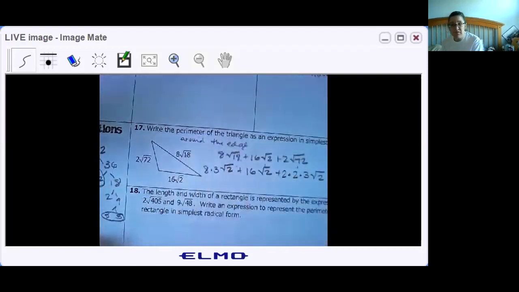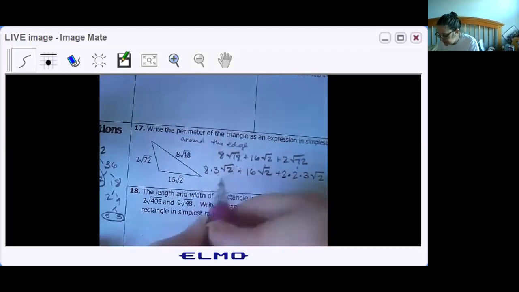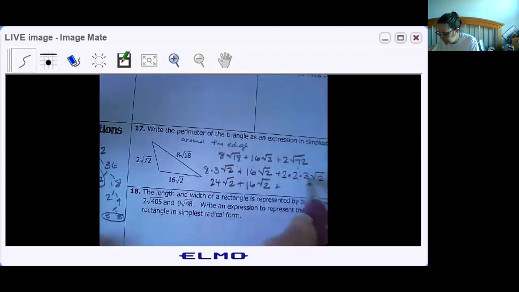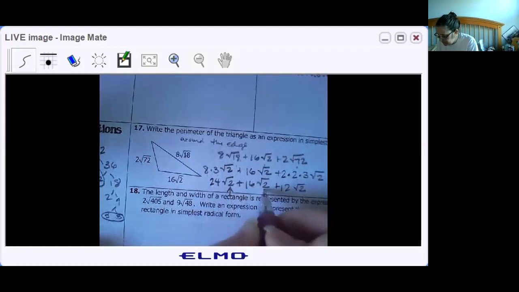So now let's simplify these a little bit more so they're easier to add. 8 times 3 is 24 on the square root of 2, plus 16 on the square root of 2. And then 2 times 2 is 4 times 3 is 12 on the square root of 2. Now let's look. Square root 2, square root 2, square root 2.